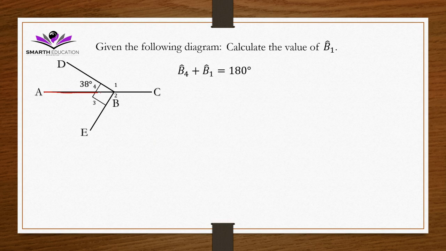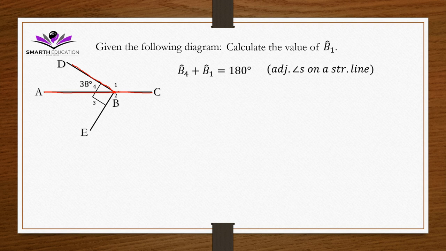They have a common vertex and a common arm, forming a letter Y. If we add B4 and B1, we get 180 degrees. Adjacent angles on a straight line are supplementary.